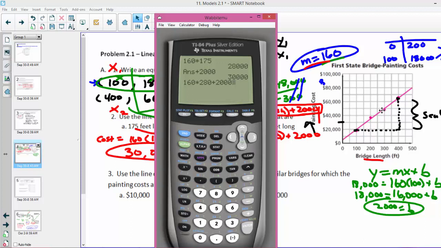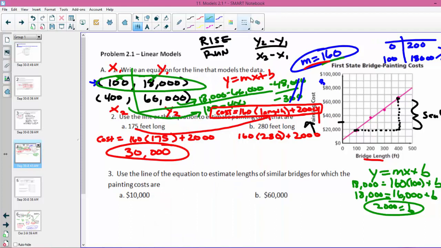It should be just below 50,000. I'm going to guess 46,800. And this is cost, so we can put a dollar sign there.